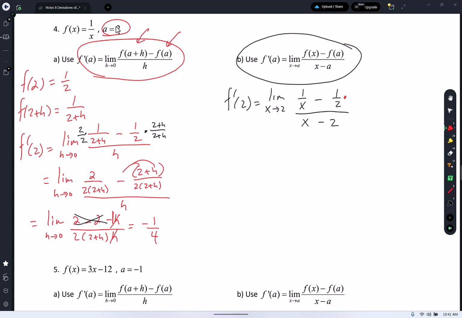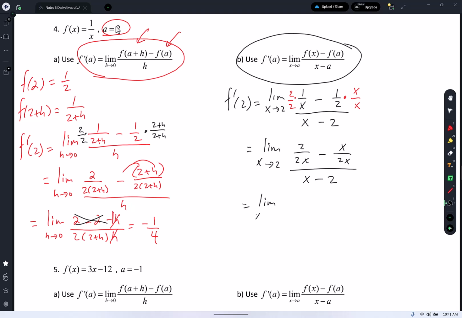Multiply this one by x over x. Multiply the one on the left here by 2 over 2. And look what you have. Limit as x approaches 2 of 2 over 2x minus x over 2x, all over x minus 2. Some of you already see what's going to happen. Keep, change, flip.